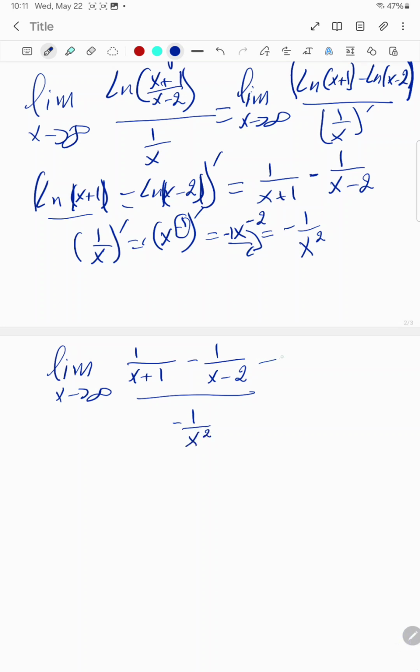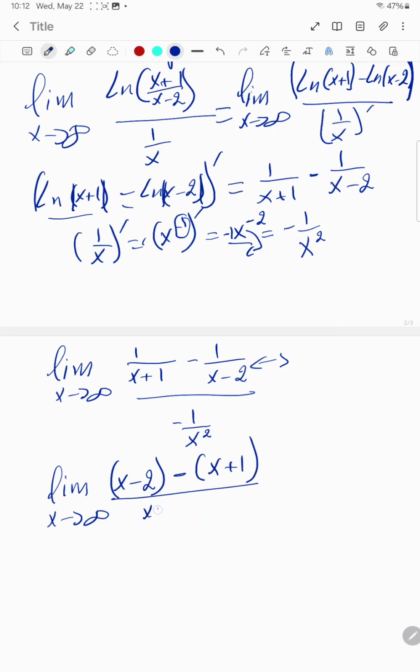So let's do a common denominator here first, and then we're going to see where it takes us. On top, it becomes the limit when x goes to infinity of (x-2) times 1, that is x-2, minus (x+1), divided by (x+1)(x-2), and multiplied by minus x squared over 1, because the division, I flip it and it becomes multiplication.